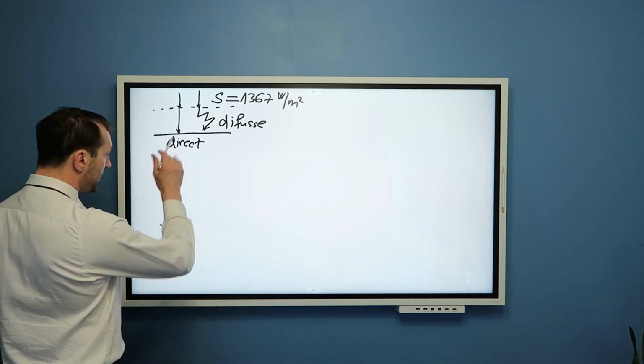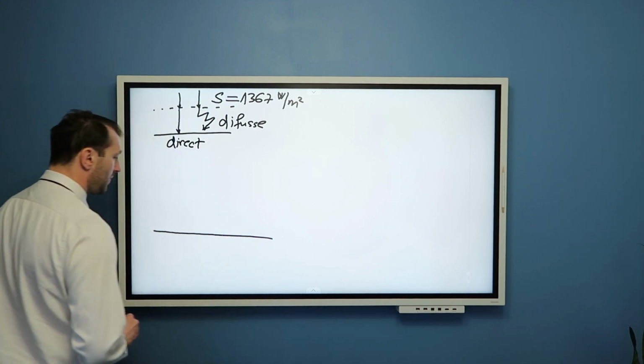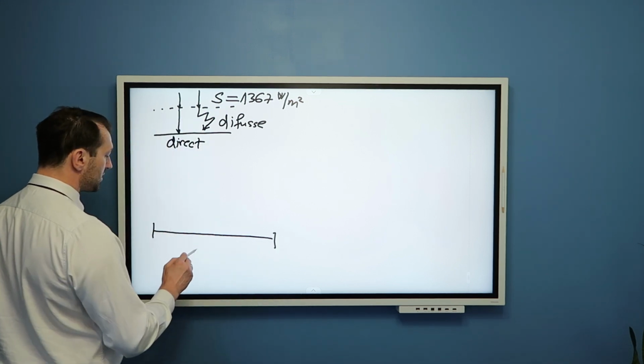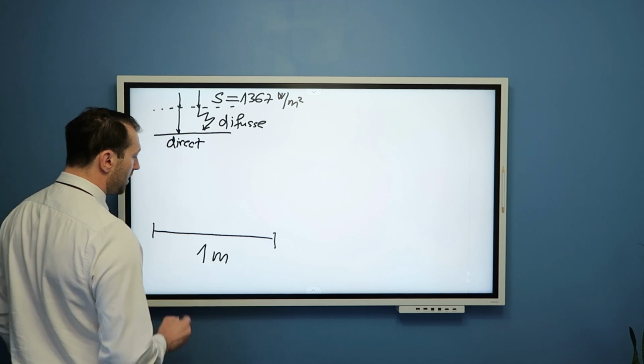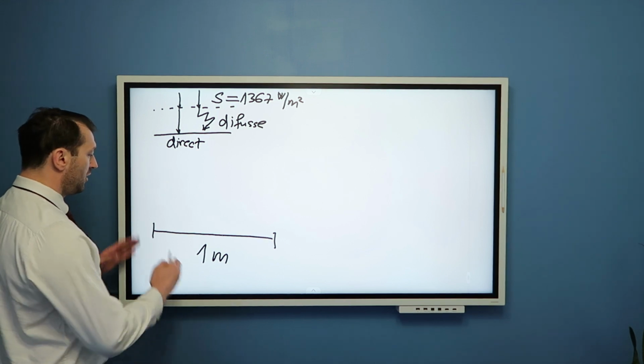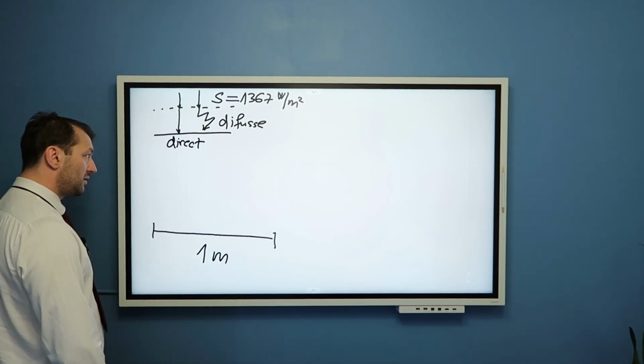So if I now make this figure larger, and I say that this over here is 1 meter, and it goes 1 meter into the whiteboard, so the area of this region would be 1 square meter.